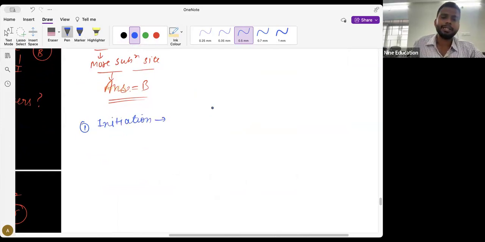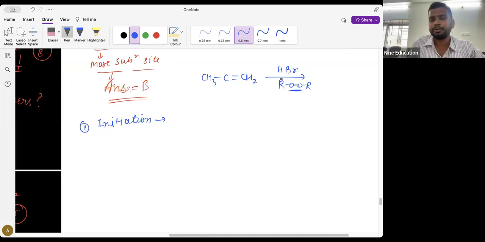How to initiate this reaction? We have this double bond, we have HBr, and we have a peroxide bond, the O-O bond known as the peroxide bond. So always remember, whenever we have a peroxide bond, this non-polar peroxide bond will break and form free radicals. This formed the free radical from the peroxide.